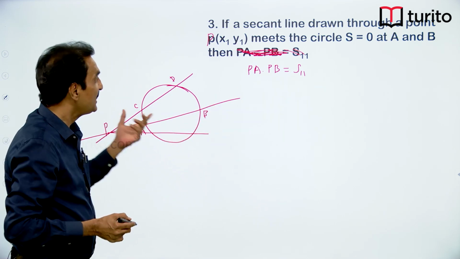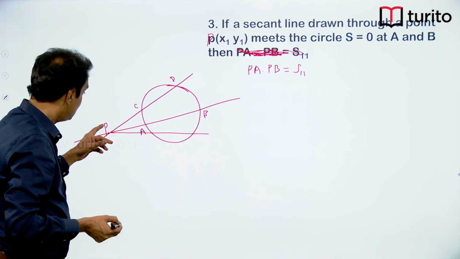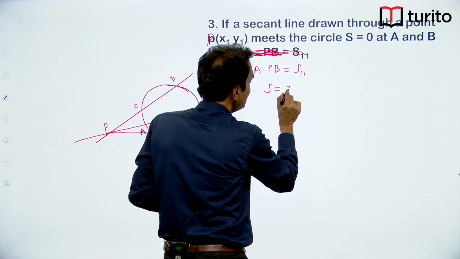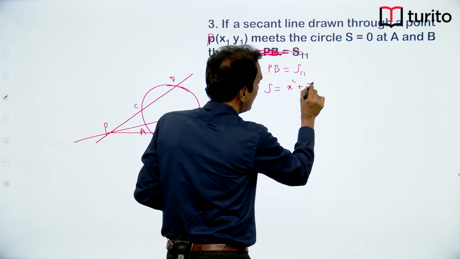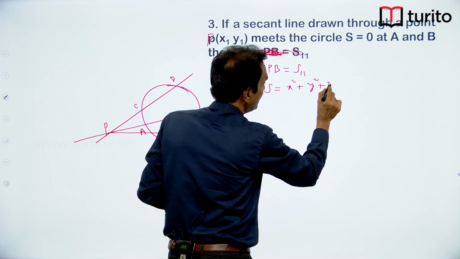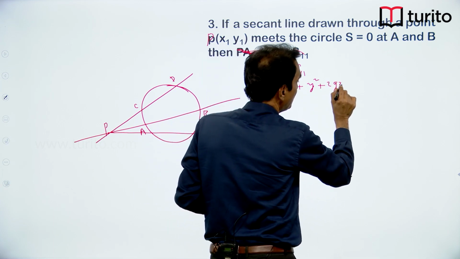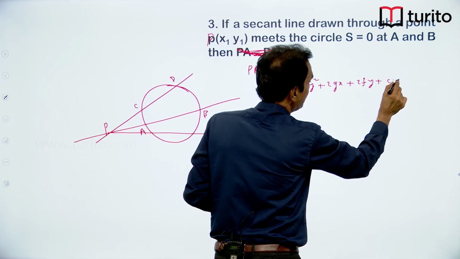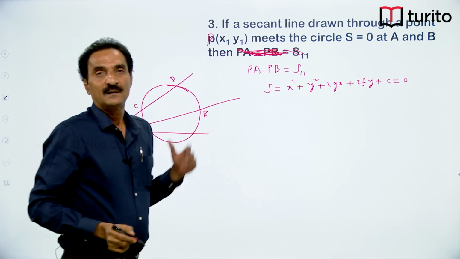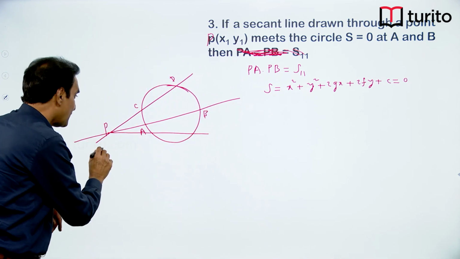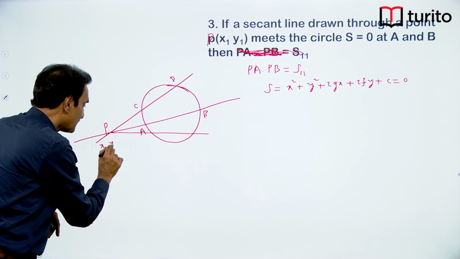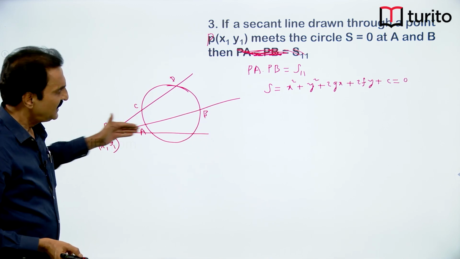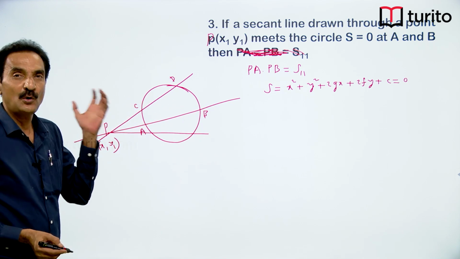And how to prove this? Let us take the circle S = 0. Let the circle be like this, and let the point P be (x1, y1). Now, let us draw a straight line with slope tan theta.